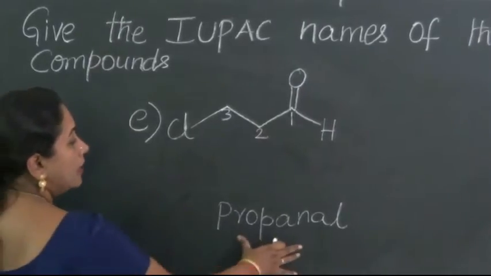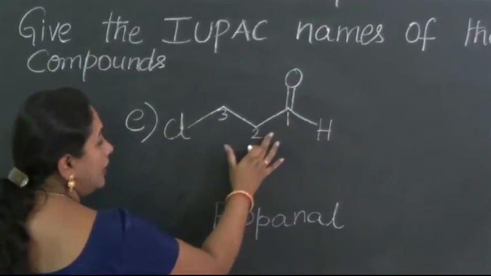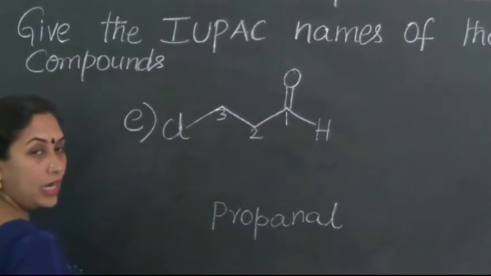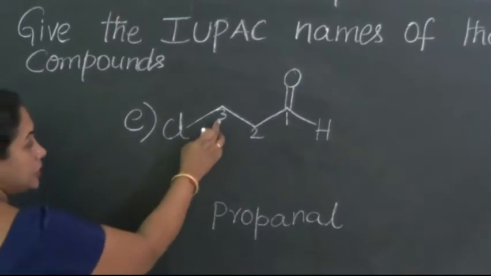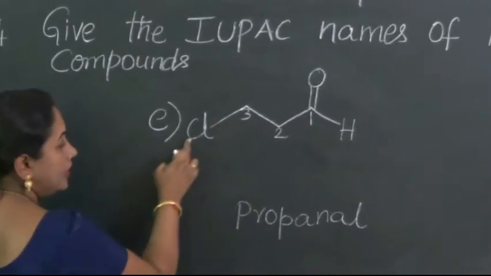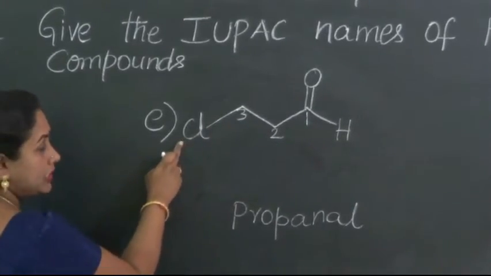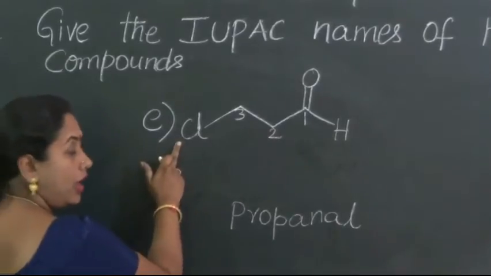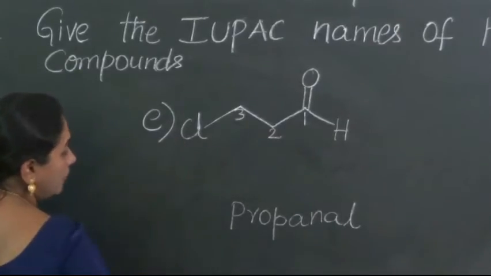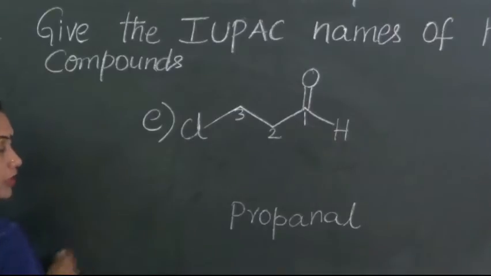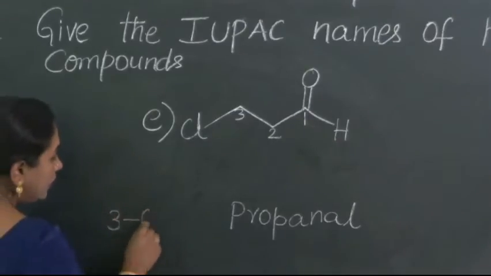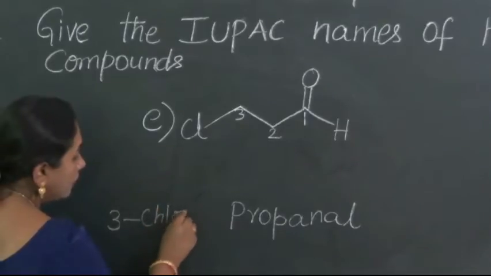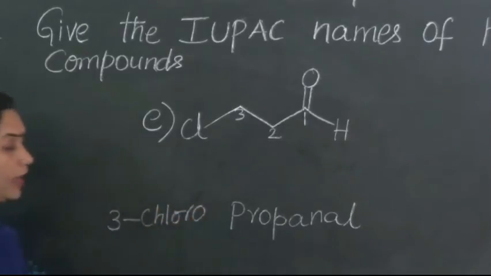So propanal takes care of the aldehyde and all these 3 carbon atoms. What else do we see? With respect to third carbon atom, there is a chain which is carrying the chloro as one more functional group. So therefore, the name of this compound would be 3-chloropropanal.